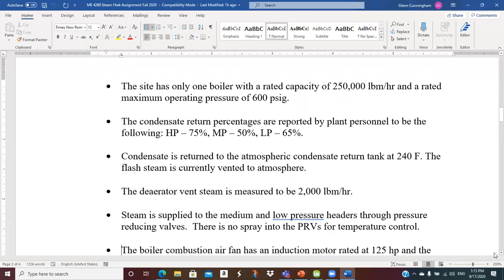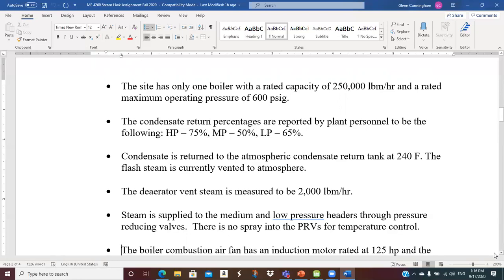Condensate is returned to the atmospheric condensate return tank at 240 degrees. The flash steam is currently vented to atmosphere. So we got a tank out there, we're running all this back into it at 240, and it's atmospheric pressure, so it's flashing, and we just let it go.